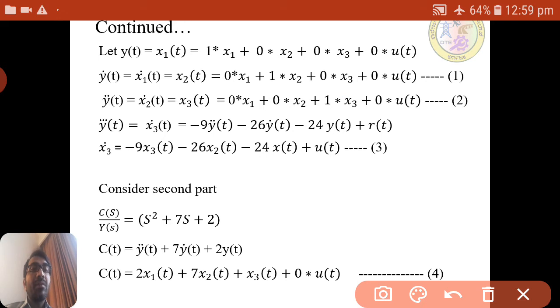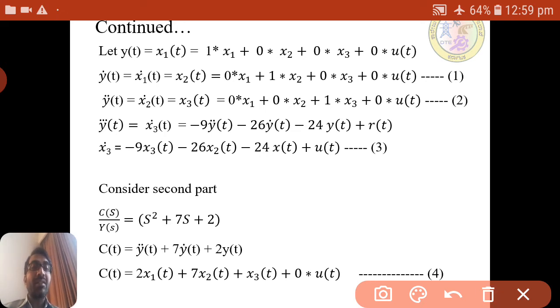The third derivative, x3 dot of t, is equal to r of t minus all the three terms: the second derivative, the first derivative and the constant. So this is marked as equations 1, 2, 3.